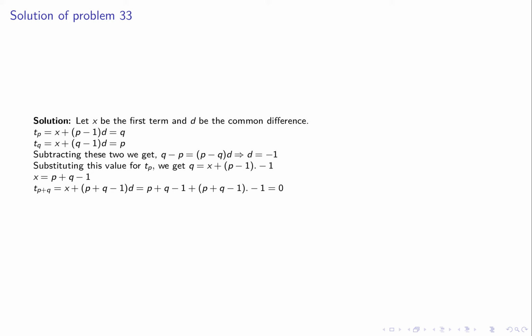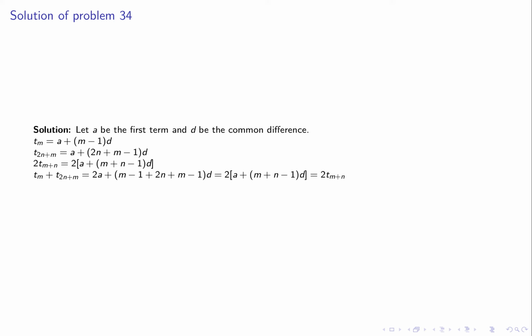We subtract them to get q minus p is equal to p minus q into d, that is d is equal to minus 1. Now if I substitute the value of d in the pth term, we get x is equal to p plus q minus 1. Now we substitute the values of x and d in the formula for the p plus qth term and it turns out to be 0.